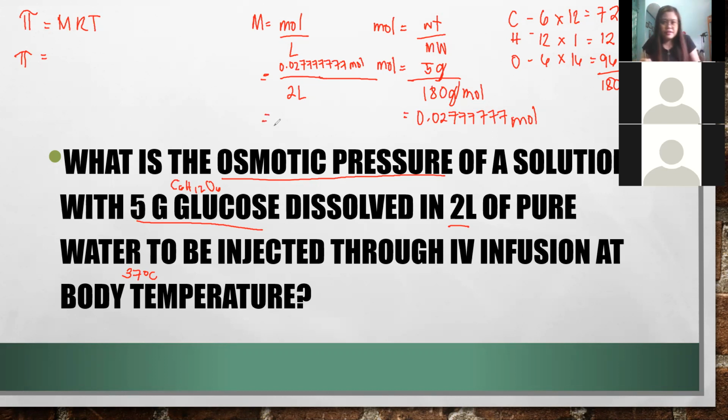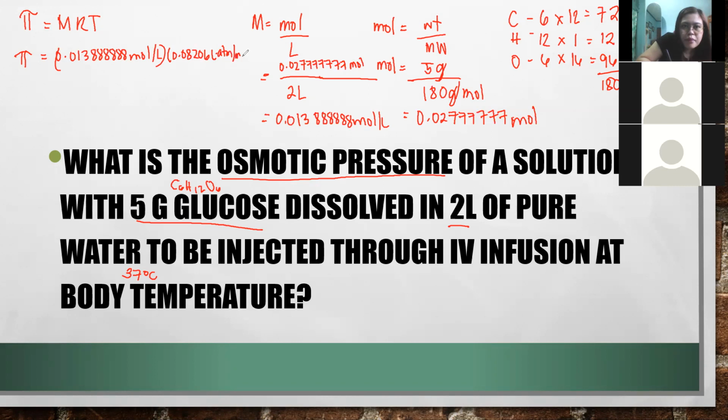And then, sige, 0.027777777 divided by 2. The molarity is 0.013888 moles per liter. So, mo na siya itong gamiton dire sa computation sa atuang osmotic pressure. Moles per liter. And then our gas constant is 0.08206 liter ATM per mole.